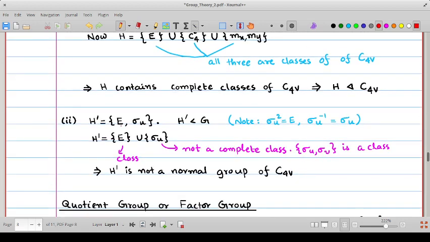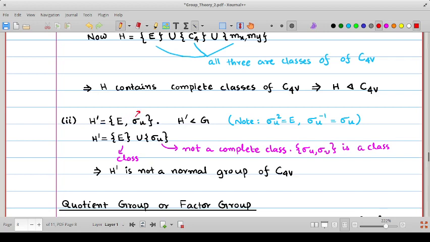Next, we consider a counter example, another example in which the subgroup considered is not a normal subgroup. Consider the subgroup given by E, sigma U. It's easy to see that this is a subgroup because E is the identity element, E times sigma U is obviously sigma U, and sigma U square is E. So closure is there, associativity straight away follows from the associativity of C4V.